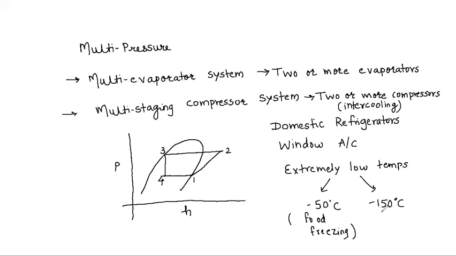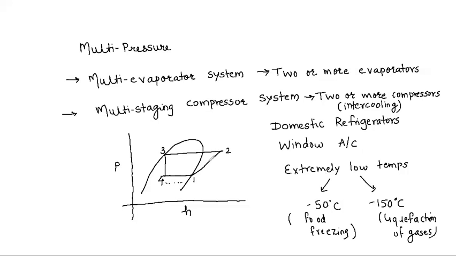Okay, liquefaction of gases. When you are encountering these temperatures, and suppose you are using a single stage system, that is this system, then the evaporator temperature would lower. When one is going for an application like this, the evaporator temperature lowers, and that would adversely affect the performance of the system.